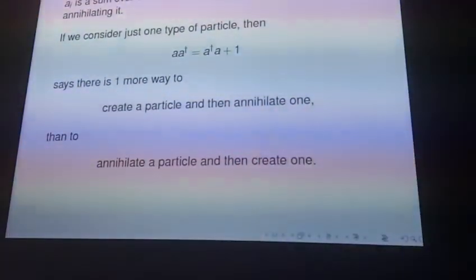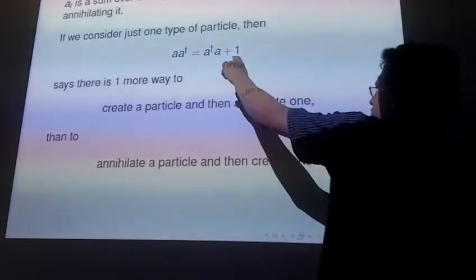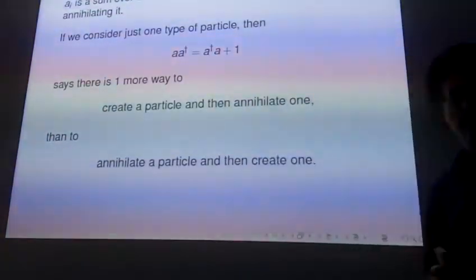So the idea is that if I, for example, put a piece of chalk into a box that may already have some chalk in it, and then take one out, there are lots of pieces of chalk to pick out, and there's one more, because I just put one in, one more way to do that than if I had first taken one out and then put one in.